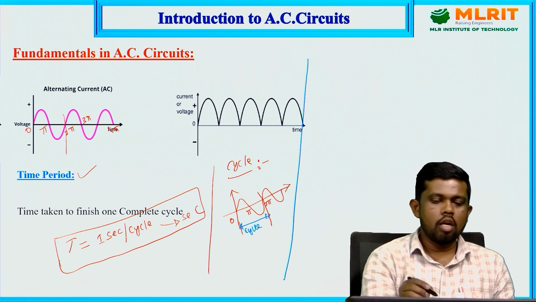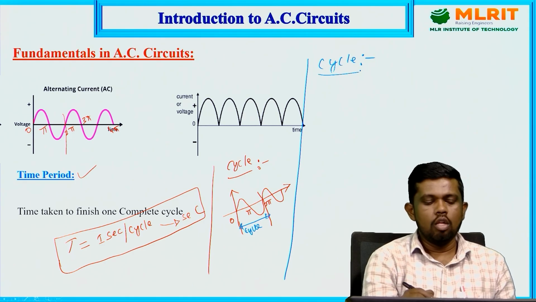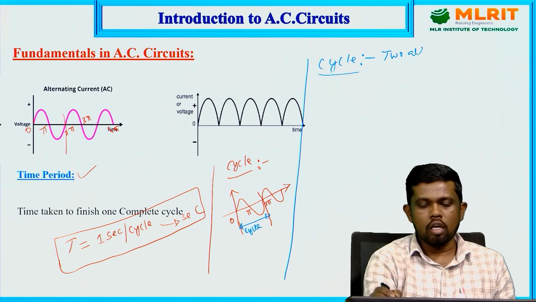In other words, a cycle is the minimum value of the signal which is present in the period of one time period. Another way to define it is a set of two alternations, which is called one cycle.